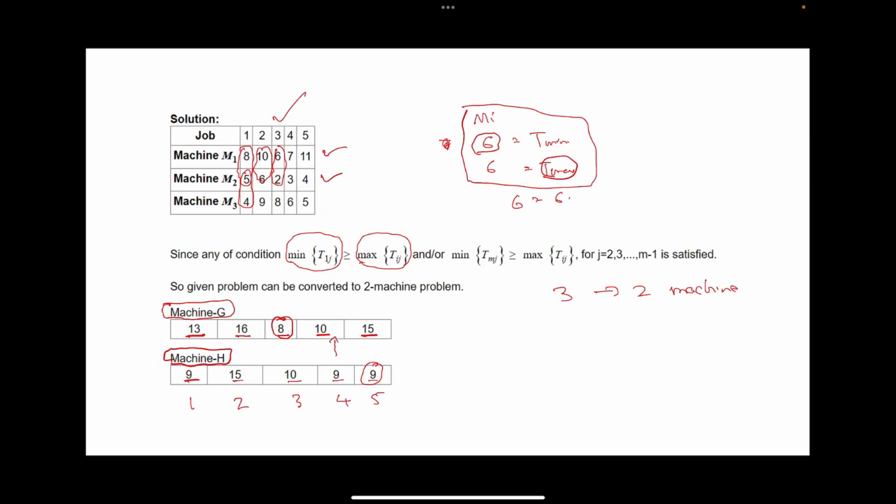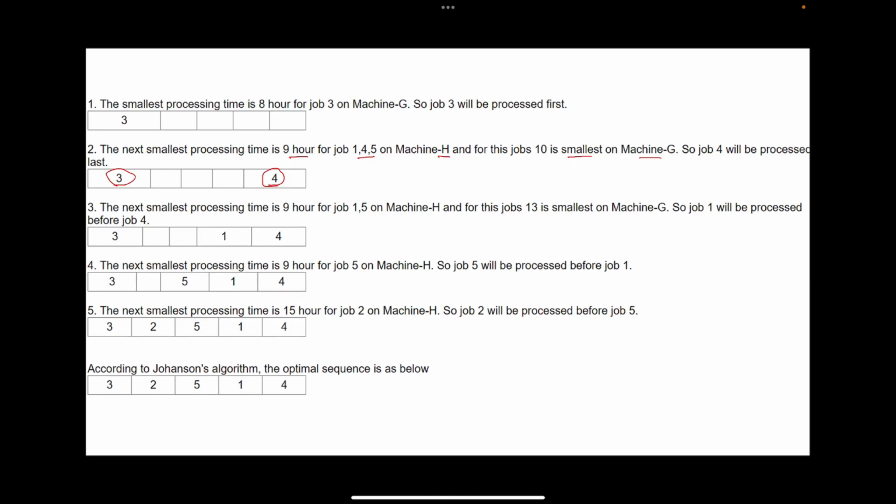The next smallest processing time is again 9, and we will select job 1 because corresponding to 9, 13 is the smallest. Here you have 15. So job 1 is selected.